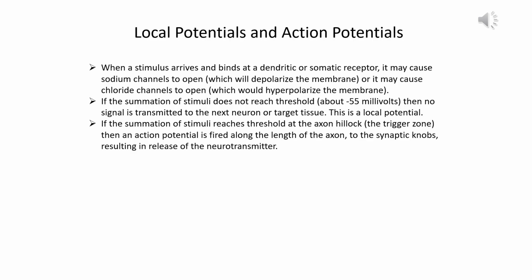If the sum of the two brings us to a minus 55 or better, then we can pull the trigger and the action potential is propagated down the length of the axon to the synaptic knobs. If the action potential reaches the synaptic knobs, calcium enters into the synaptic knobs and the neurotransmitter is released.